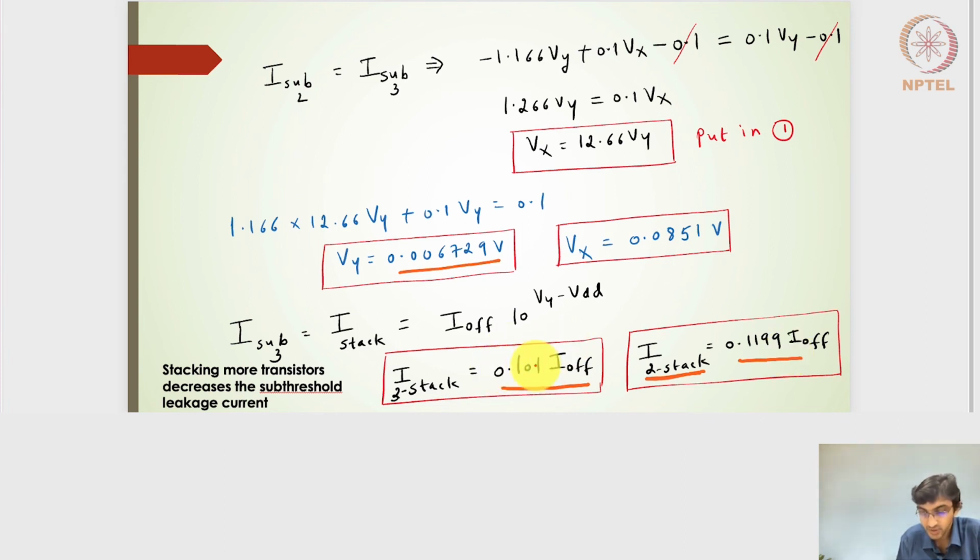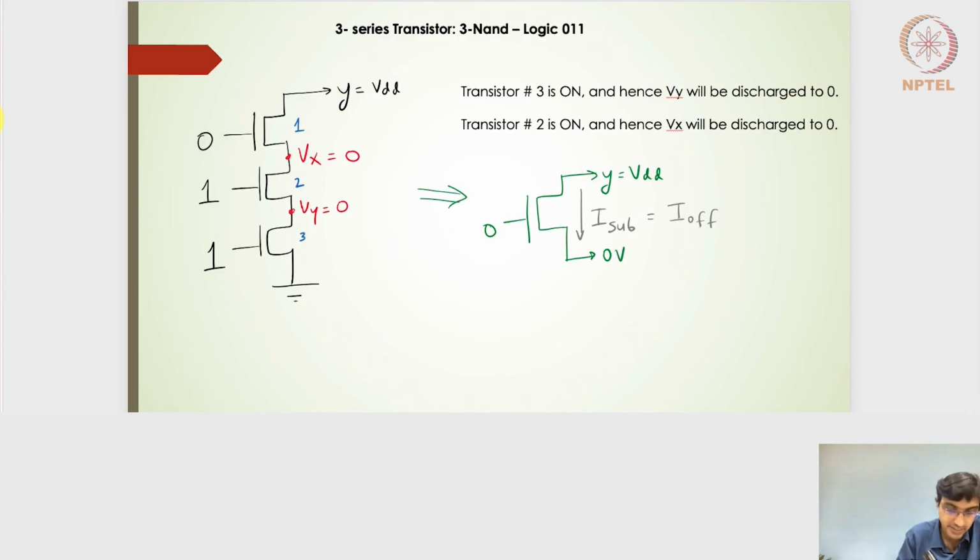So 0.101, which is lower than 0.1199 of I off. So stacking more transistors decreases the subthreshold leakage current. If I have four transistors stacked together, the subthreshold leakage current is naturally going to be reduced compared to the three series transistors and the two series transistors, right? Hope this is clear.